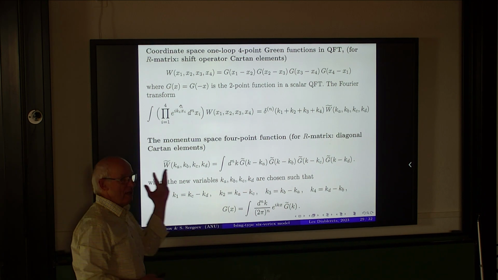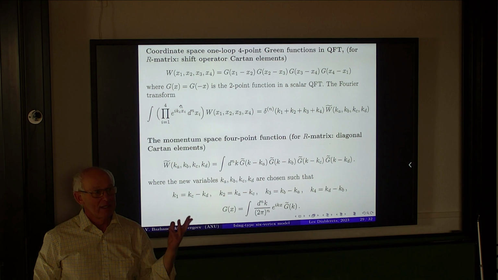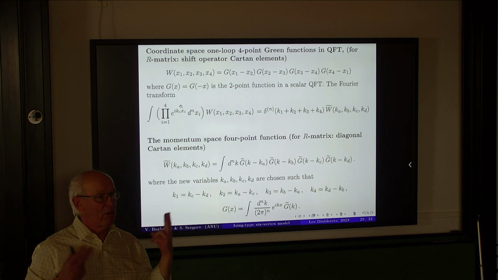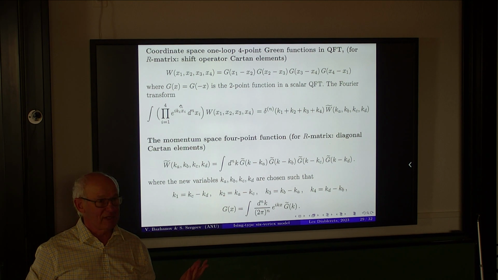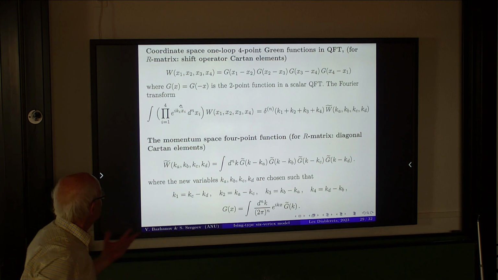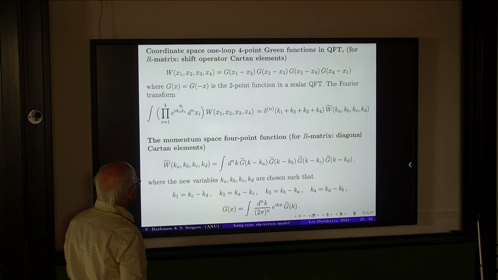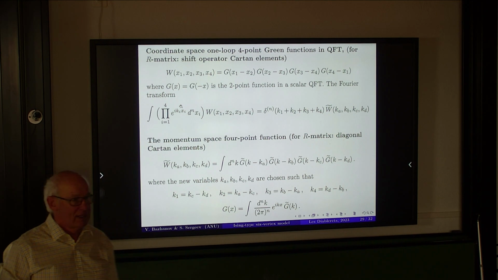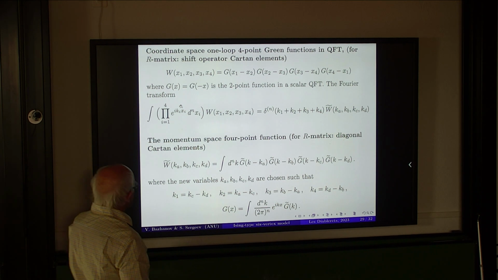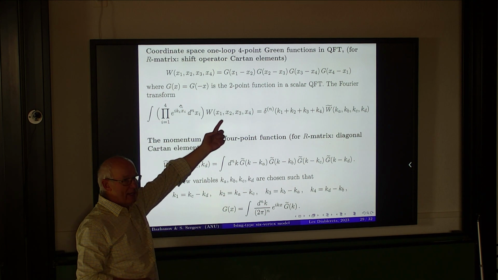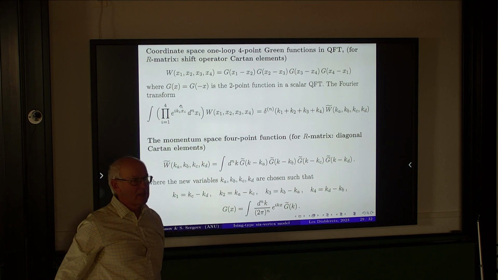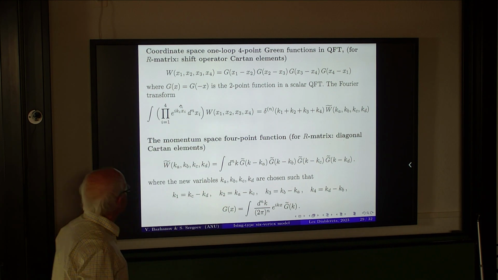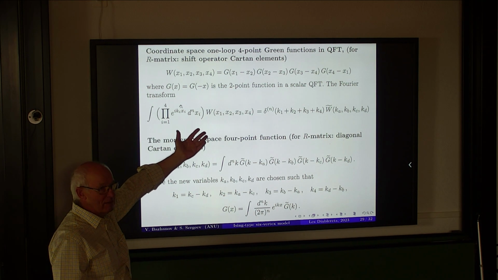Suppose you consider a one loop 4-point function in scalar quantum field theory, where the propagator is G, say an even function, and the one loop diagram, the box, is given by this factorized expression.